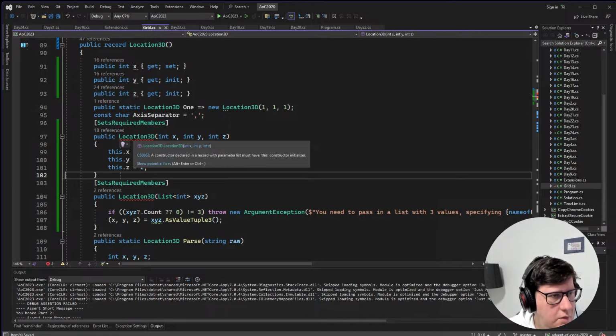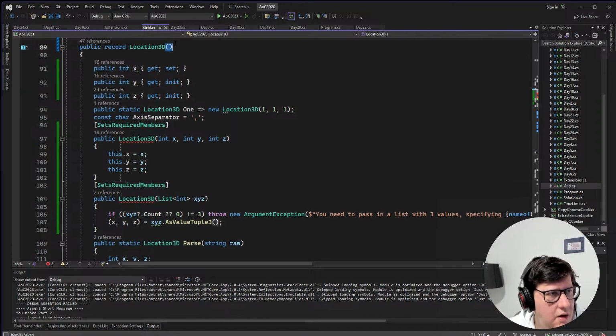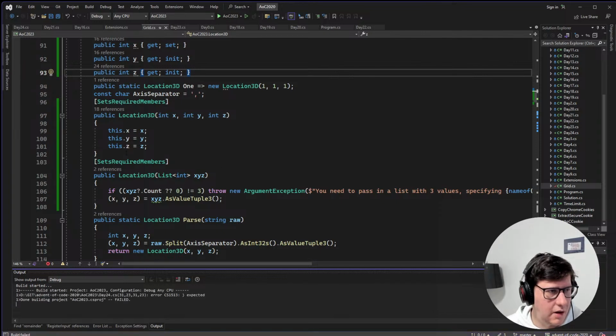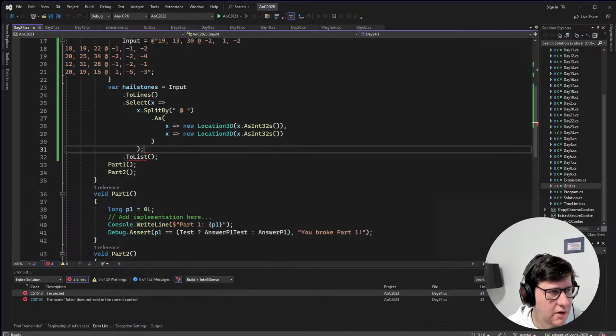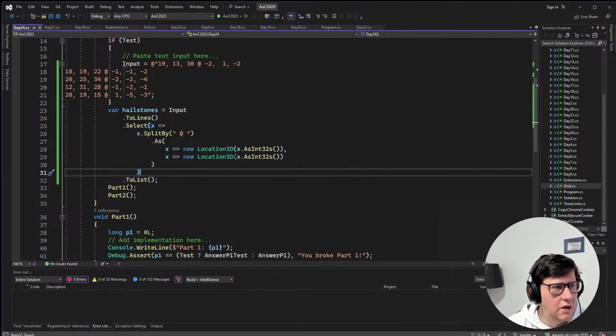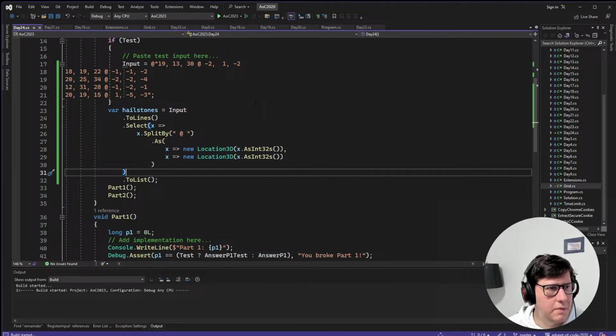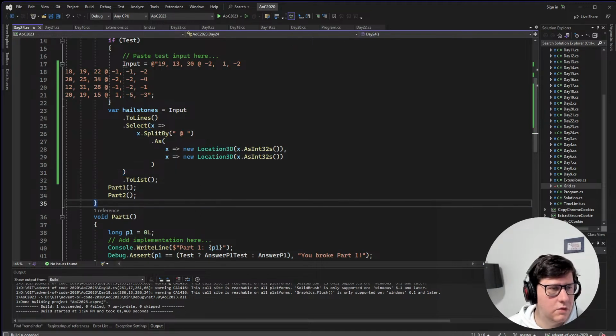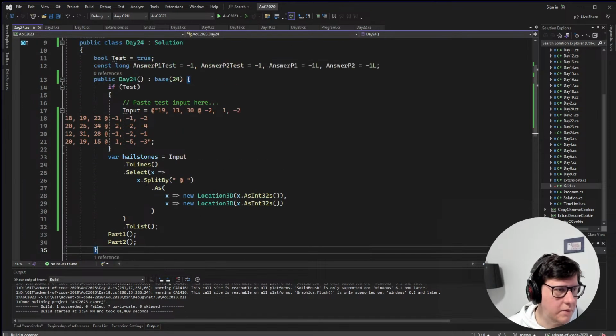Constructor declared a record parameter list. Okay, I need to remove this one. This one will satisfy all of this. Let me rebuild it now so that I can change these to uppercase. One failed. Let me see, exception settings, error list. I forgot something here. Yes, like this. Boom. Let's rebuild. Oh, it's fine. I'm gonna leave it like this.